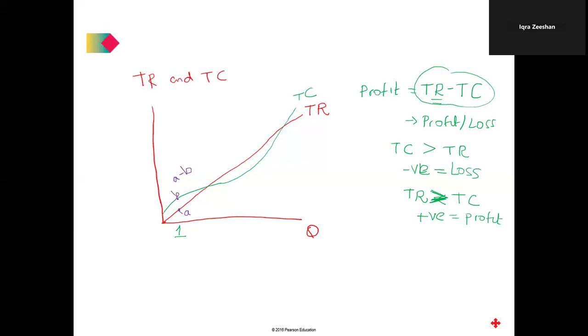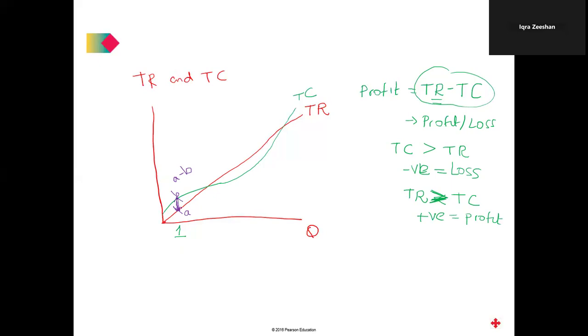This means that the difference between A and B will either give us a profit or a loss, and this is represented by the vertical distance between A and B.